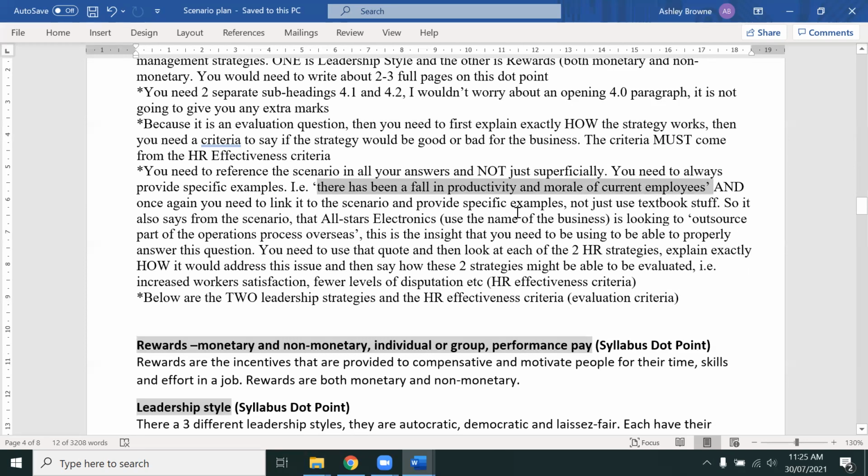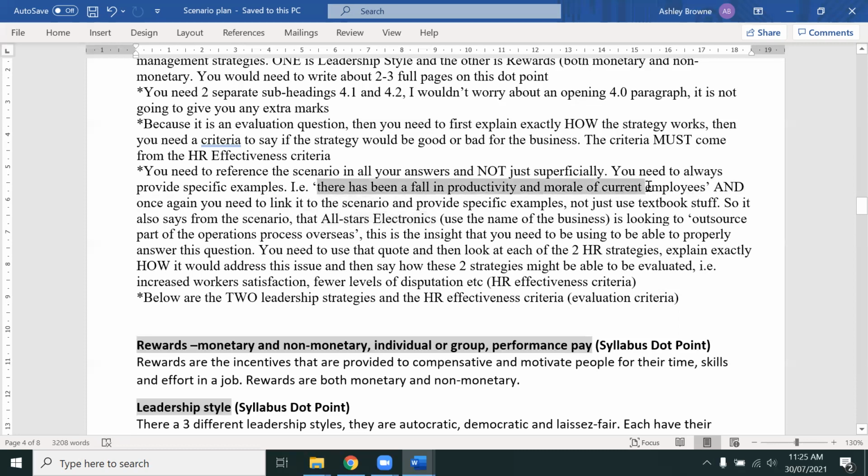So what you need to be able to do is quote that and explain how this business, All-Star Electronics, is looking to use, say, leadership style to deal with this. Or how can this business use non-monetary rewards to deal with this problem?